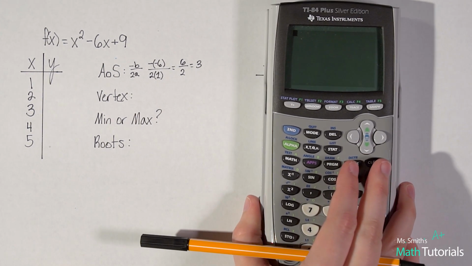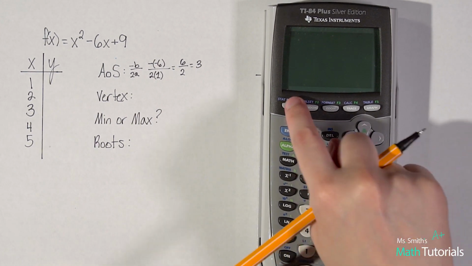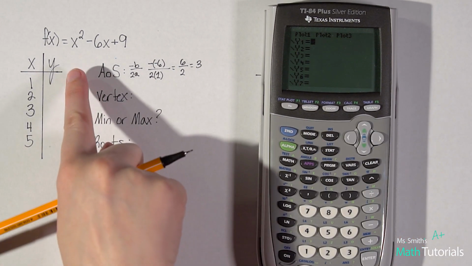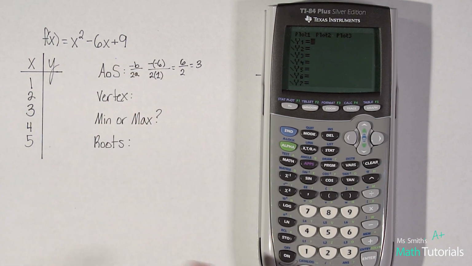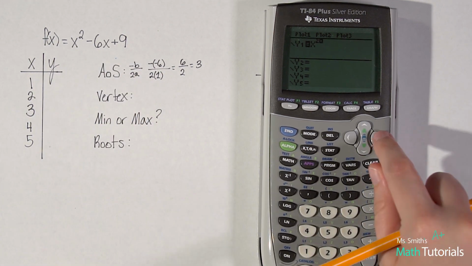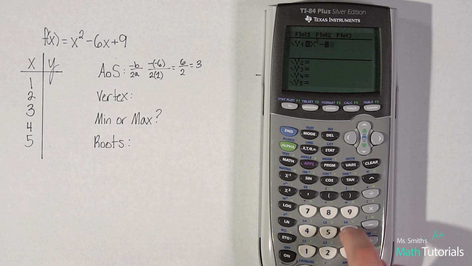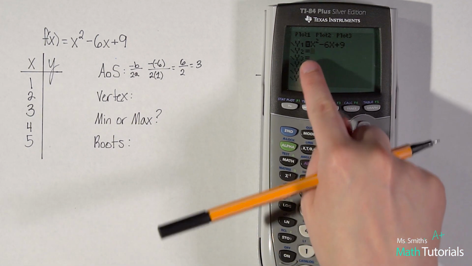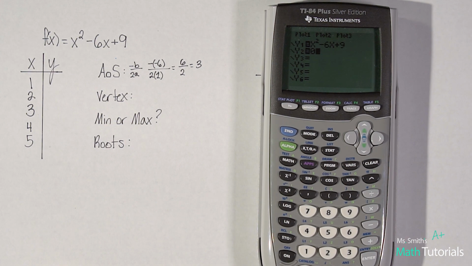I'm going to go to my y equals function, and I'm going to type in this equation, x squared minus 6x plus 9. Now you have to have that 0 on the second y equals sign. Don't forget that. Okay, let's go ahead and graph it.